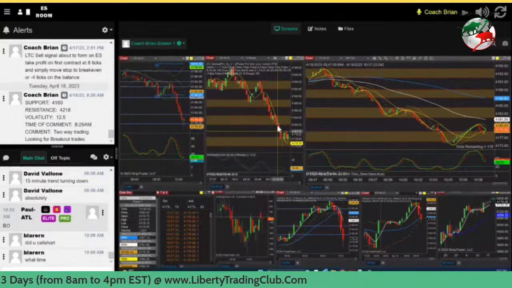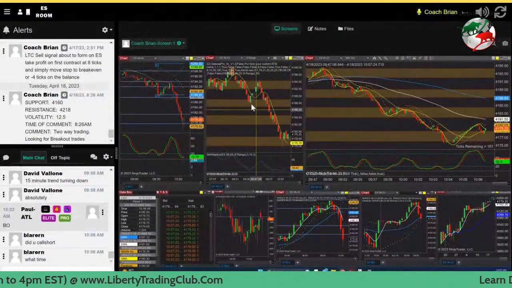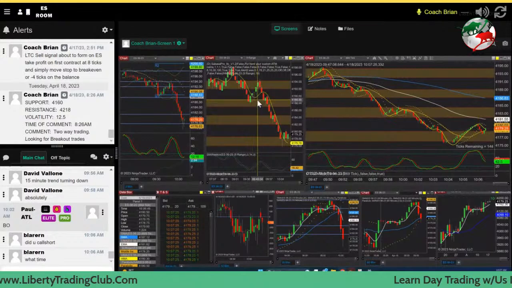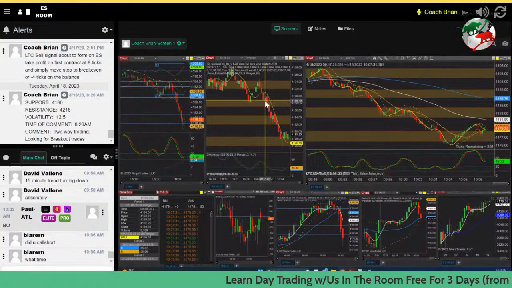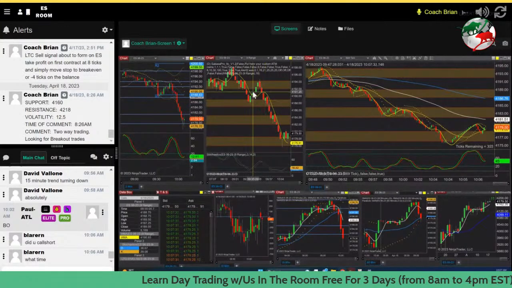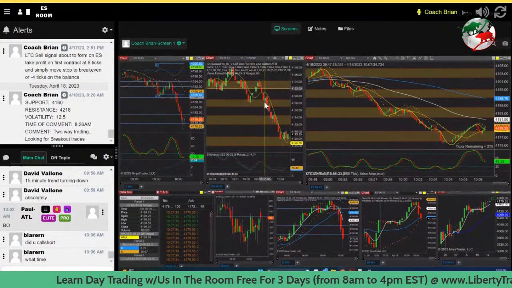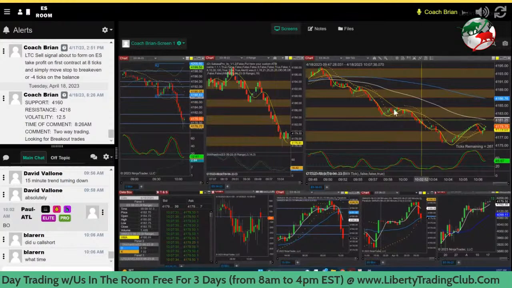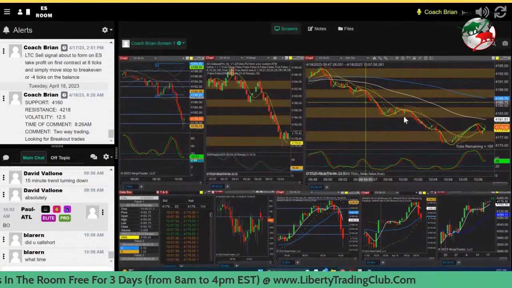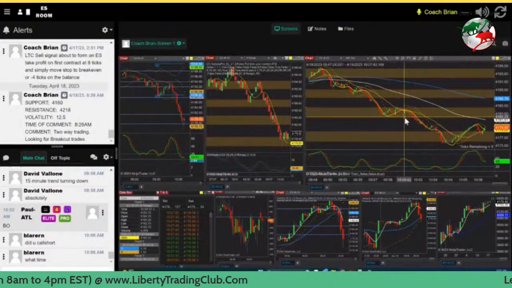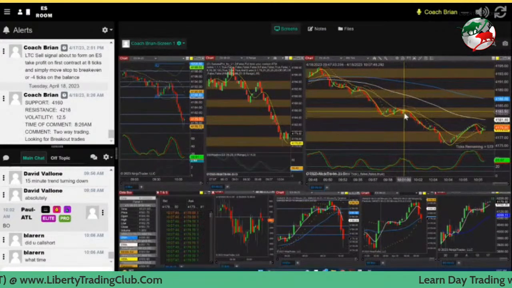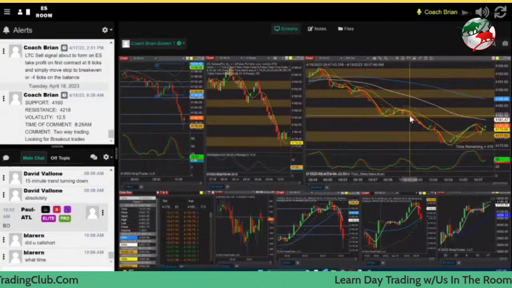But really, no actual called trades, Lauren. The only actual trade call was this first long we took. Then some people did the breakout short here on this little consolidation pattern. That's the only thing that's happened so far.